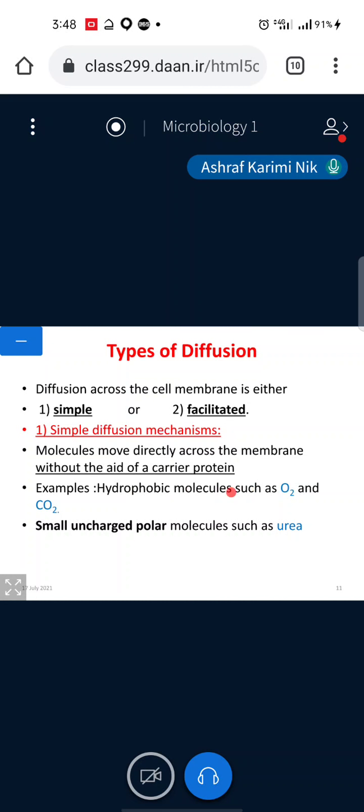Small uncharged polar molecules such as urea. Yes, simple diffusion for oxygen, carbon dioxide, and urea.